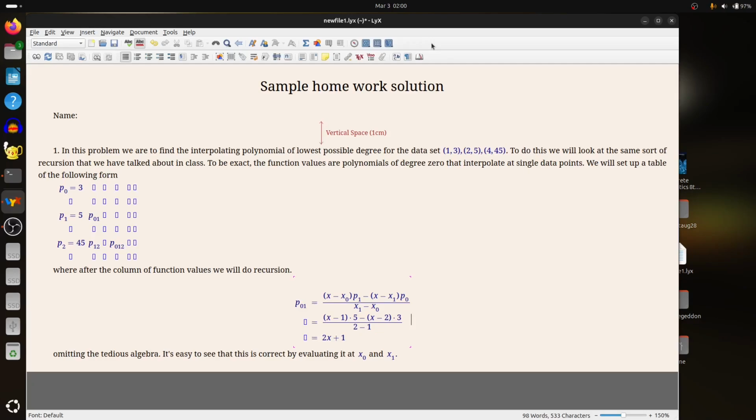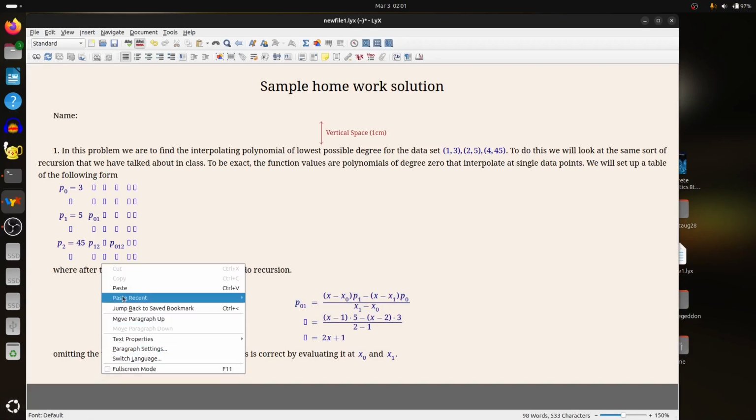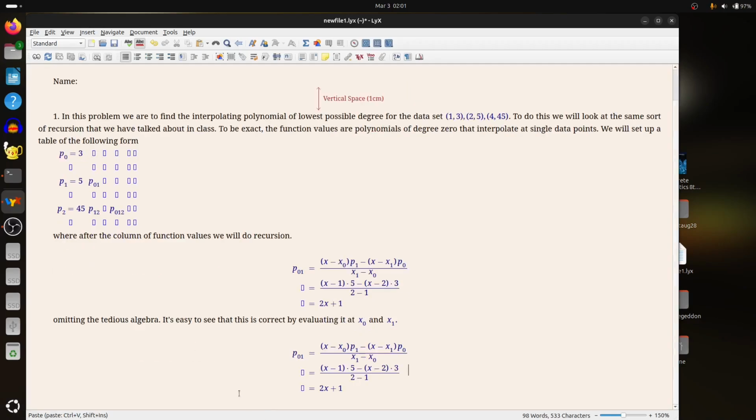Now here, I'm going to be intensely lazy. Except it's not P01 that I'm calculating now, it's P12.